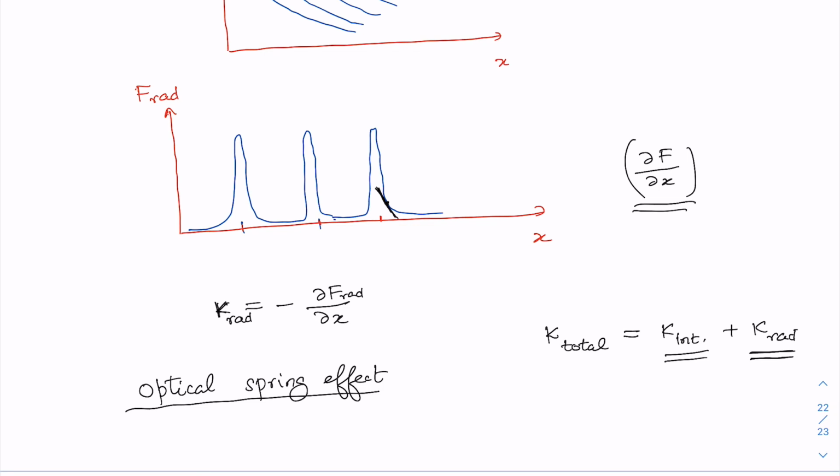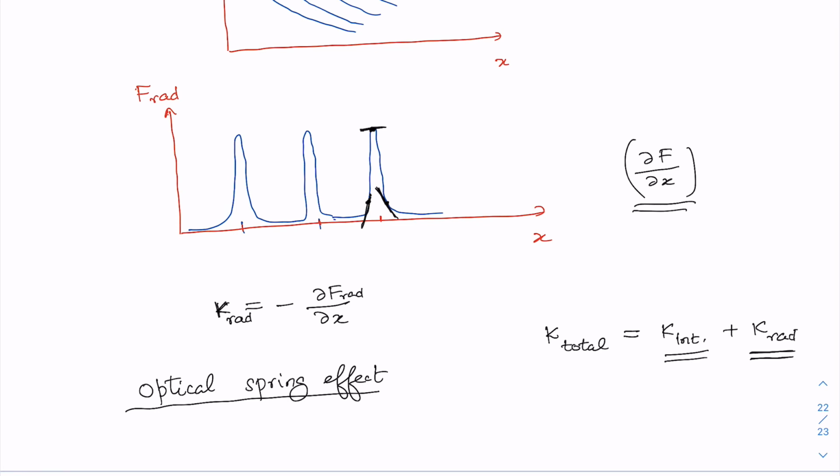However, if the mirror is at another position, for example at this position, then we have zero spring constant due to the radiation pressure force, or we can even have a reduced spring constant. Suppose our position of the mirror is here, then as you see the slope is positive.